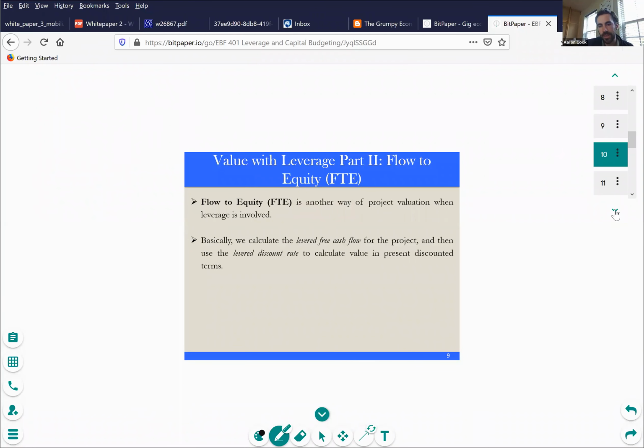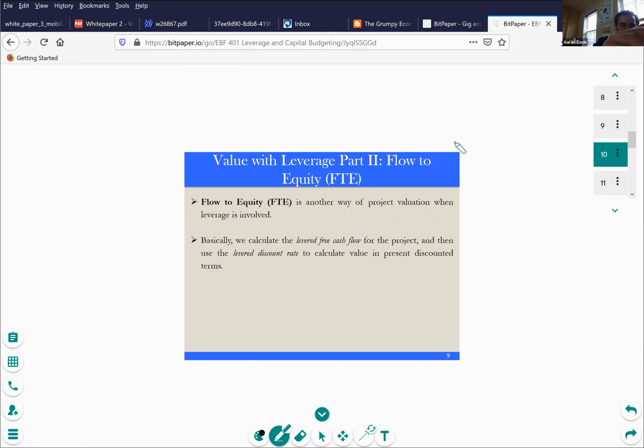Let's consider the next method for computing the value of a particular project under a different capital structure, something that's not all equity financed. So the second way is to use this flow to equity concept.